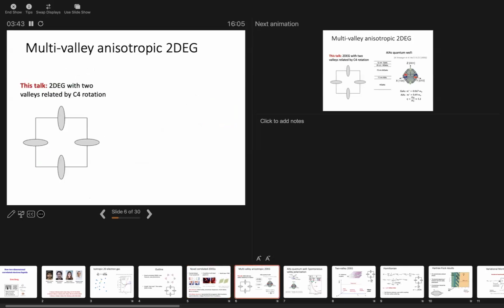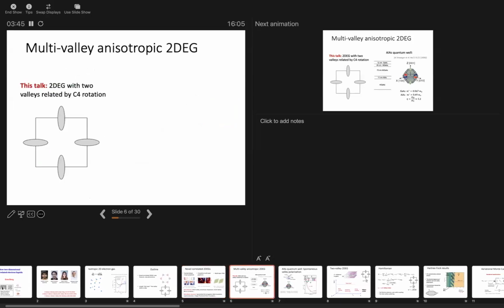What I'd like to do in most of this talk is build in this complexity of the electronic dispersion one step at a time. Instead of a single valley isotropic dispersing electron gas, suppose we have a system that has C4 symmetry, so think about an underlying square lattice in two dimensions, and it has two valleys that live at the X and Y points of the Brillouin zone, basically at (π,0) and (0,π).